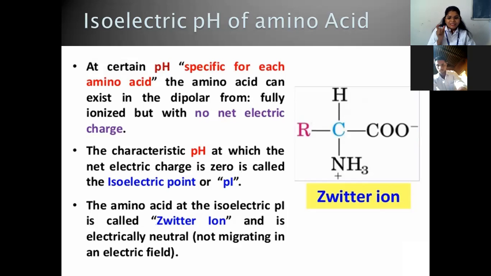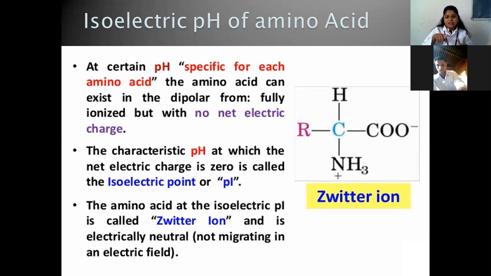Because at this pH condition, the number of positive charges and negative charges are the same. That's why the net charge of this solution becomes 0. Consider that you have taken some solution and dipped an electrode. You are putting in both the anode and the cathode.